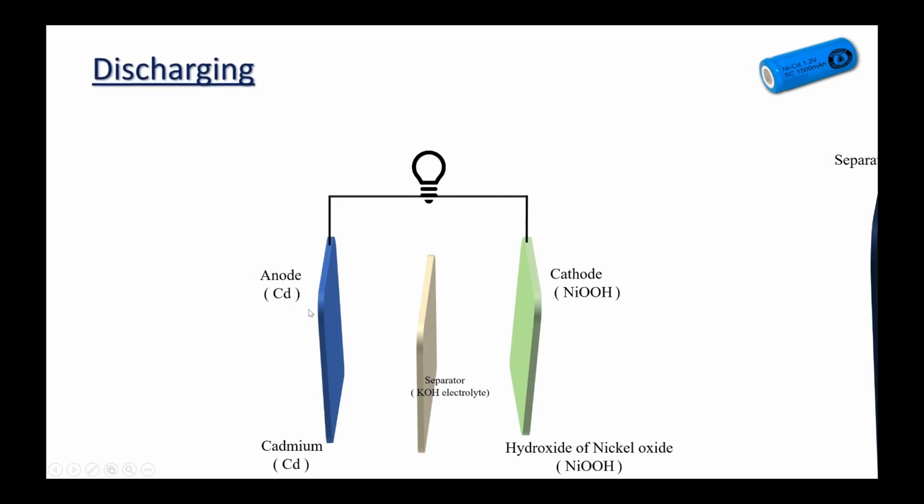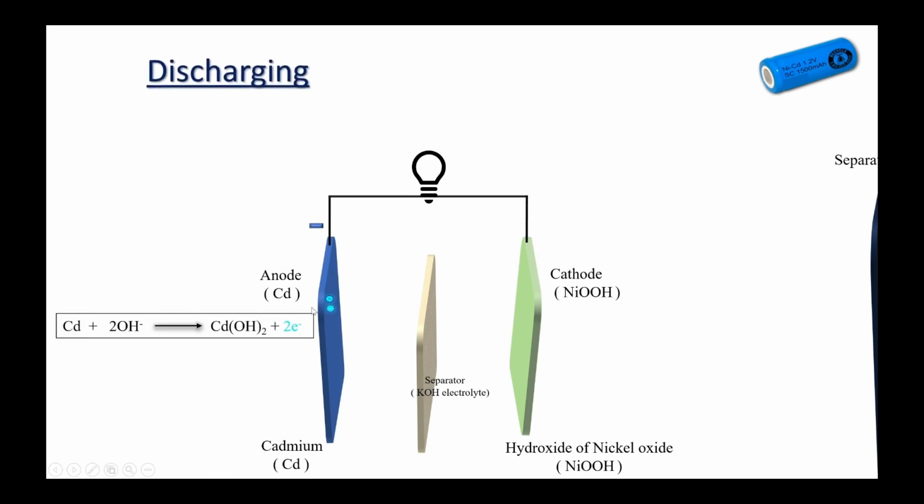Here cadmium acts as an anode and hydroxide of nickel oxide acts as a cathode. Cadmium undergoes oxidation with the hydroxide ions provided by the potassium hydroxide. So there will be formation of cadmium hydroxide along with 2 electrons. These 2 electrons travel through the bulb, so the bulb starts to glow.